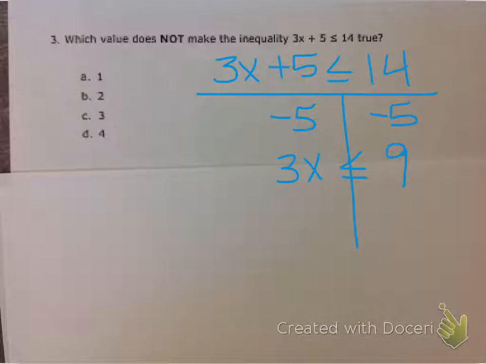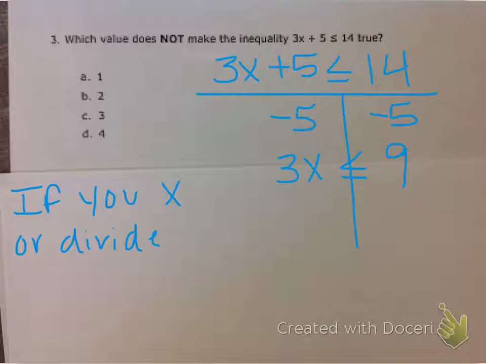Okay. Notice that I didn't change the sign just because I subtracted 5. Our rule is if you multiply or divide by a negative number, flip the sign.